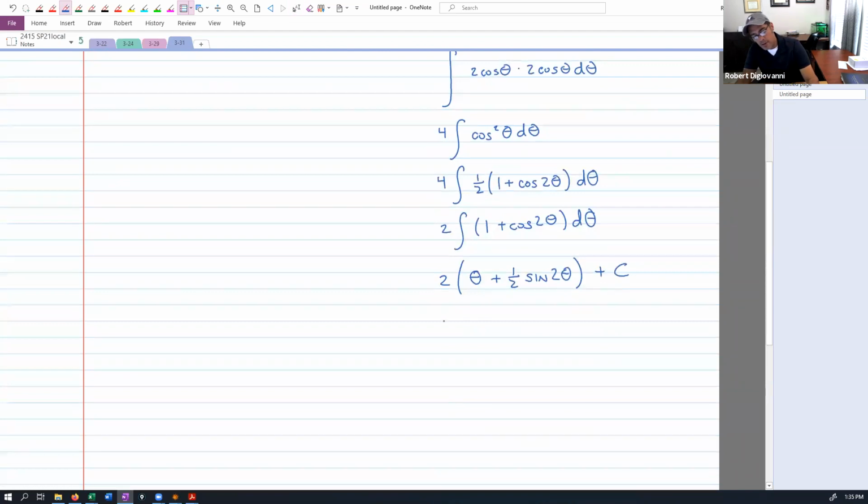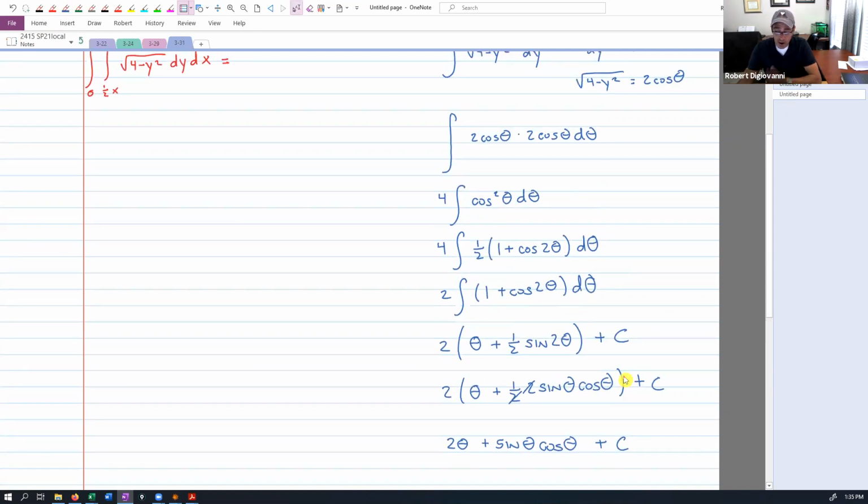So I use the double angle identity for sine, so that becomes 2 sine theta cosine theta, plus c. Rewriting that with this identity, the 2's cancel. We get 2 theta plus sine theta cosine theta plus c. So that's where we are. We still need to get it in terms of y.